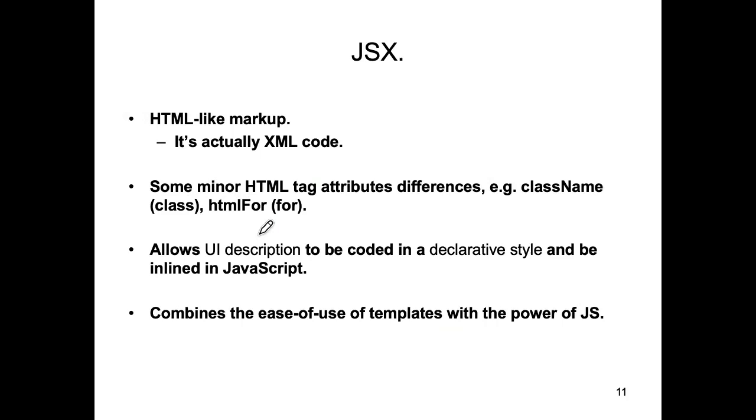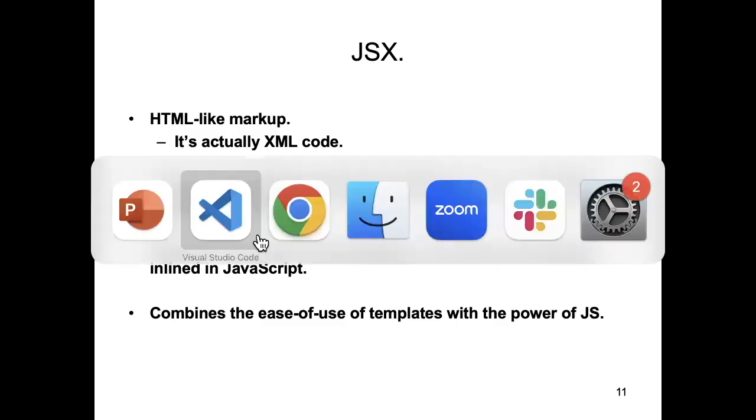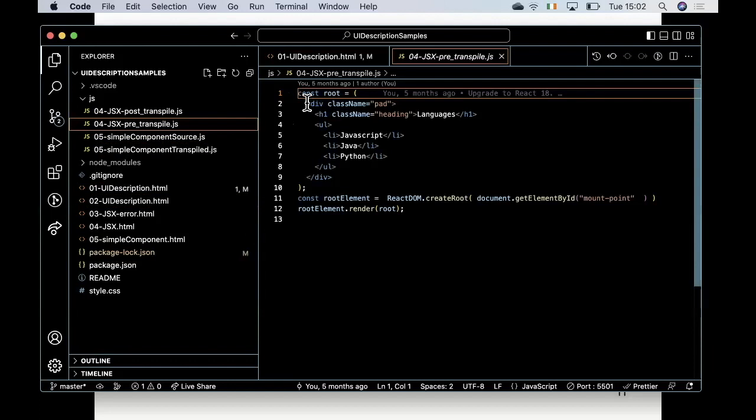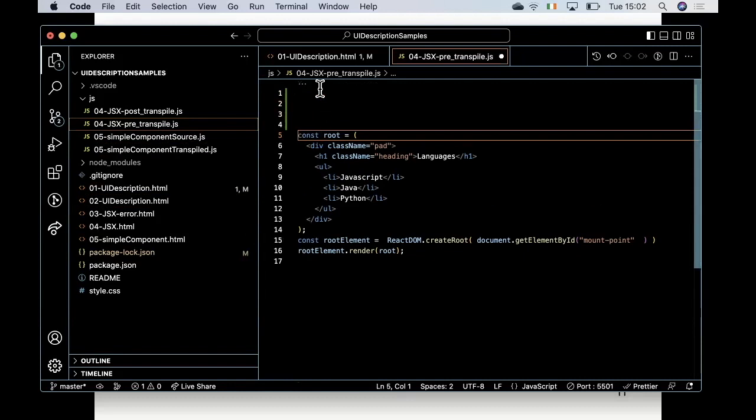And as we'll see, eventually we'll be able to inline. Well, I mean, we've seen it already. The sample that I've shown you there, okay, this contains just an assignment statement and nothing else, but this is a JavaScript file. So I could put whatever other JavaScript I want to in here. And eventually we'll see how we can link what we're doing up here into the code down here.